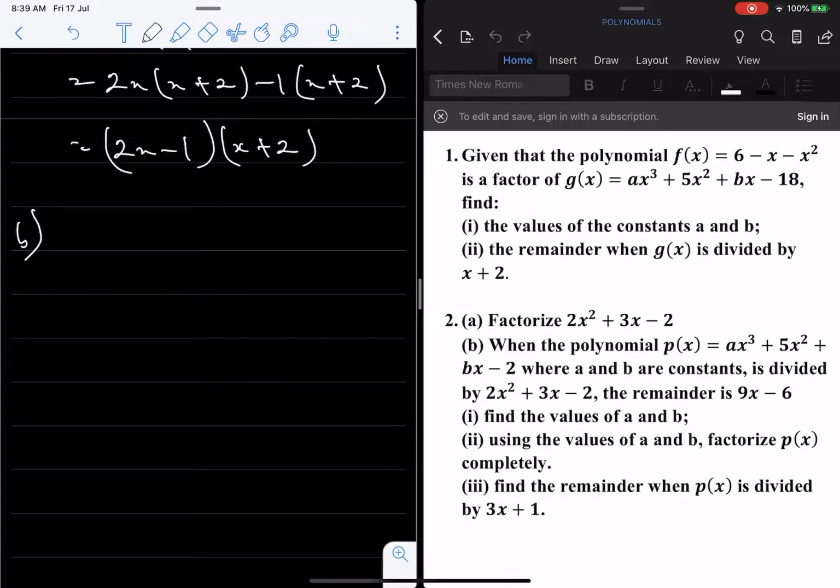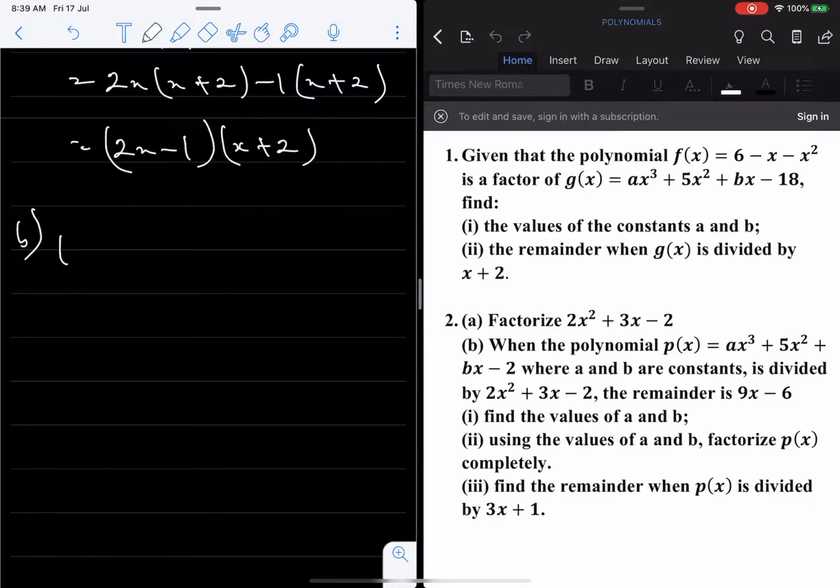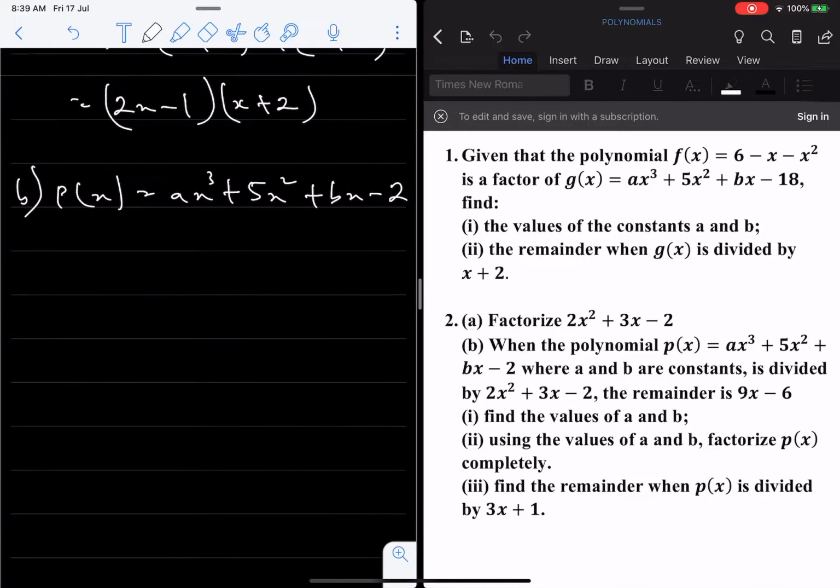Alright, let's start from the first. P of x is equal to ax cubed plus 5x squared plus bx minus 2.